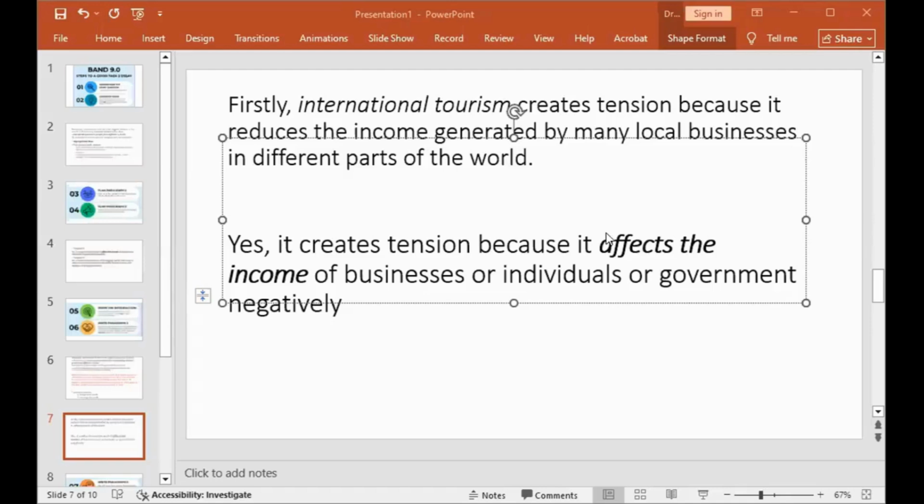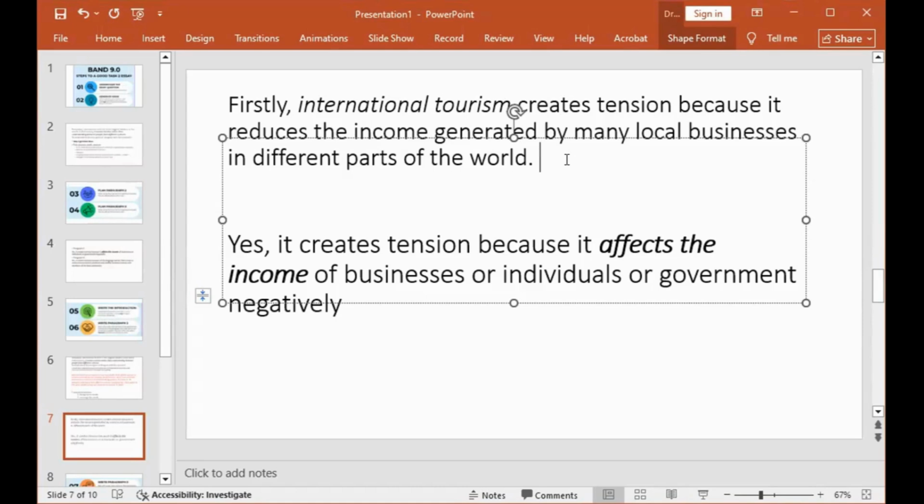So paragraph 2 here, we have started with what? Firstly, international tourism creates tension because, you see this sentence I wrote here, there are some formulas that I use to construct sentences. One of the formulas that I use is what I call the because formula.